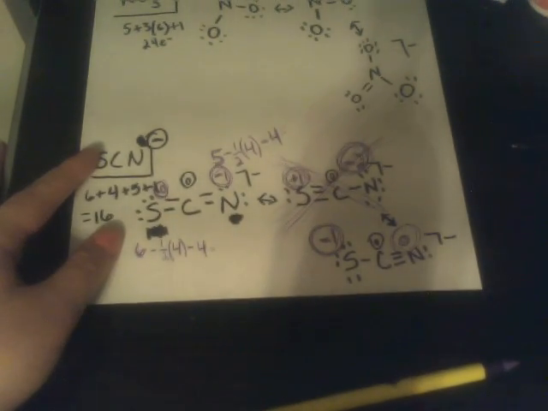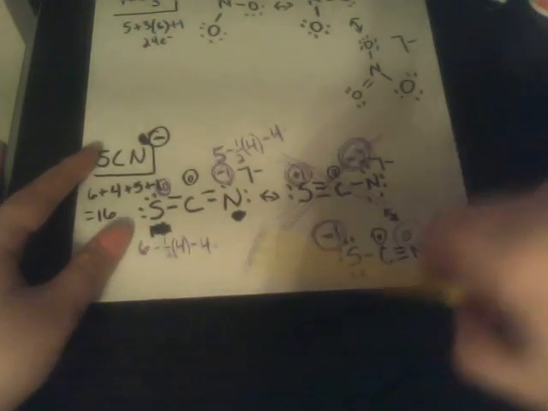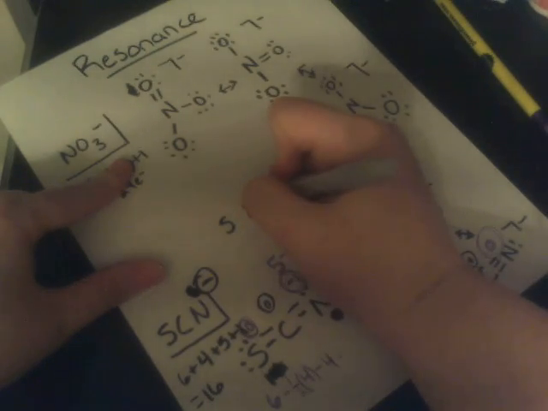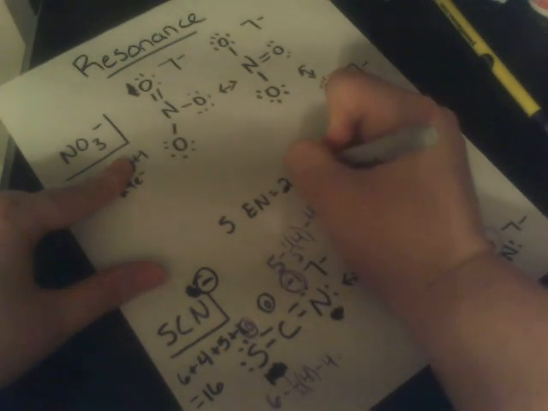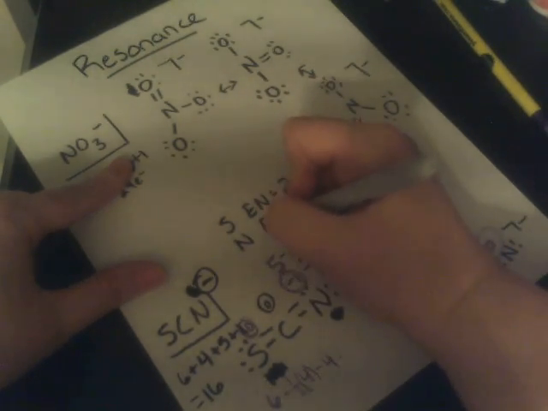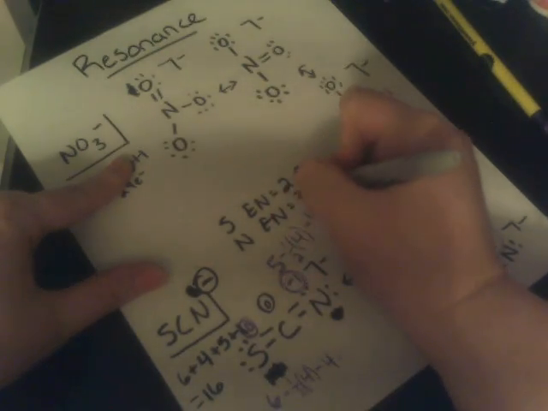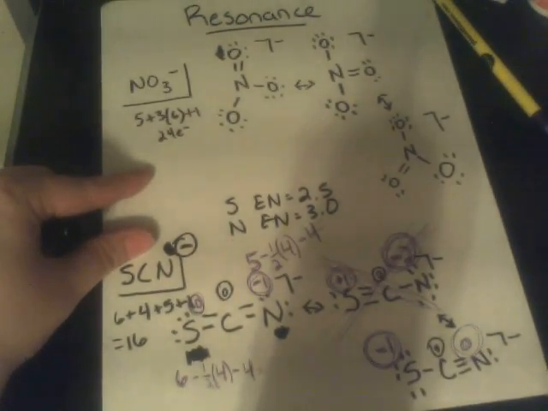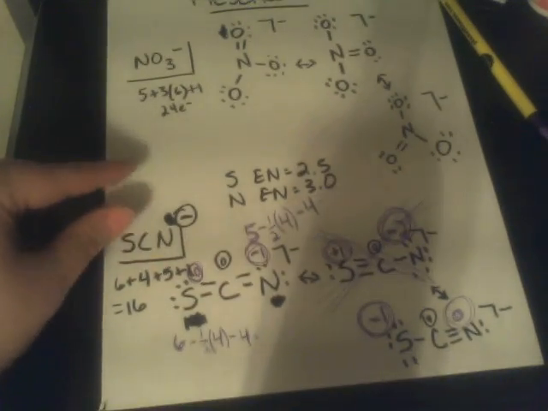The electronegativity of sulfur is 2.5, and it looks like nitrogen's electronegativity is 3.0.